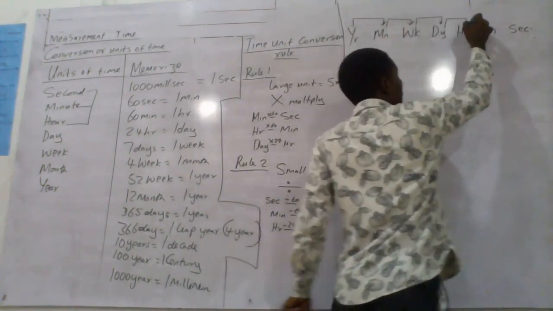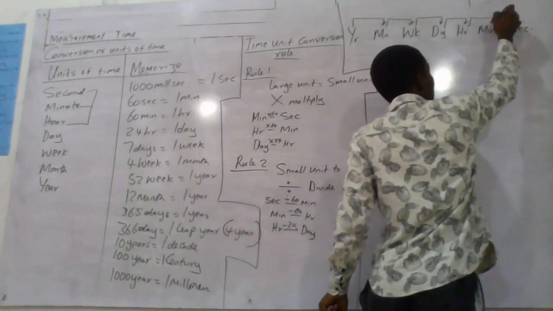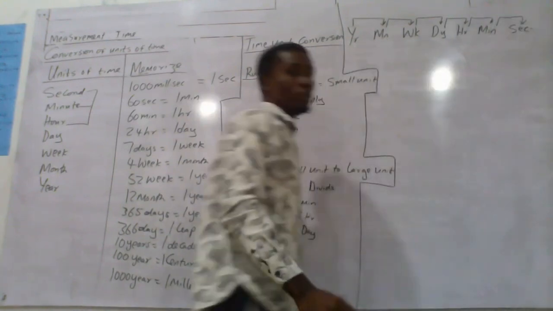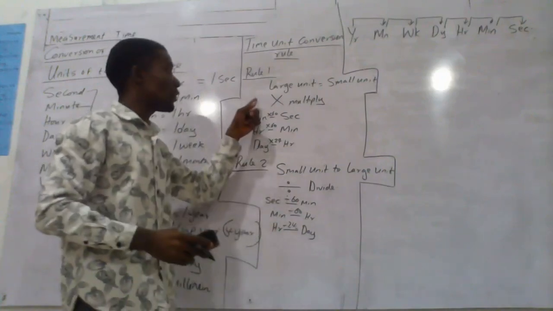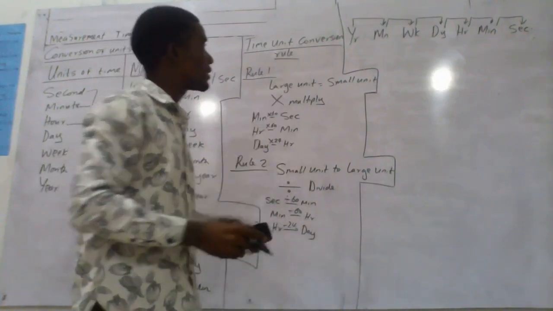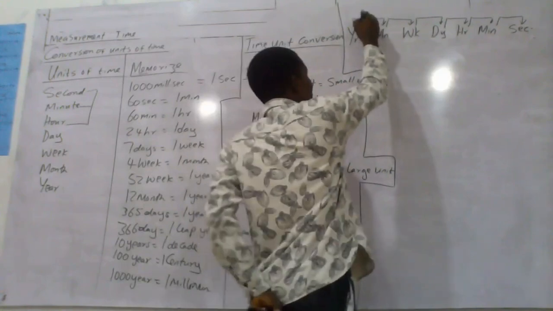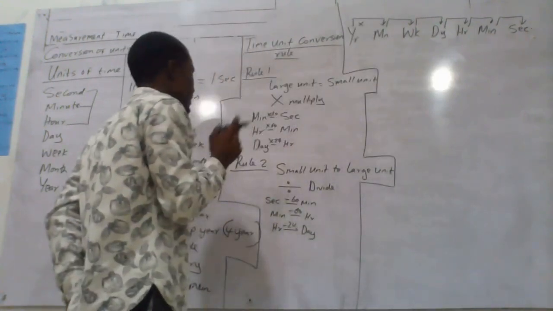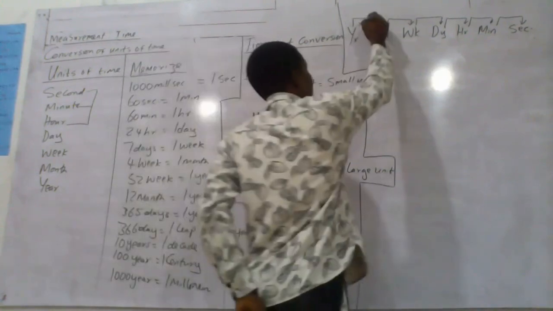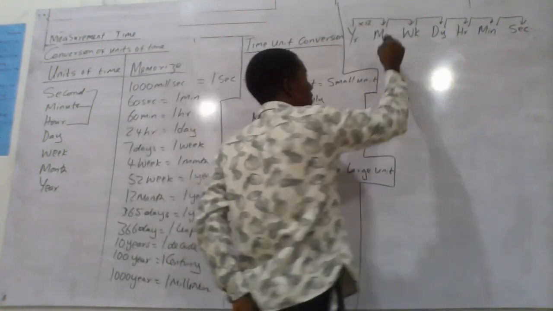Now, when we are converting from year to month, month to week, week to day, day to hour, hour to minutes, minute to second, what do we need to do? From the rule given to us, rule 1 says when converting from large units to small units, we multiply. So firstly, we multiply year to month. How many months gives us a year? That is 12. So we multiply by 12. Month to week.